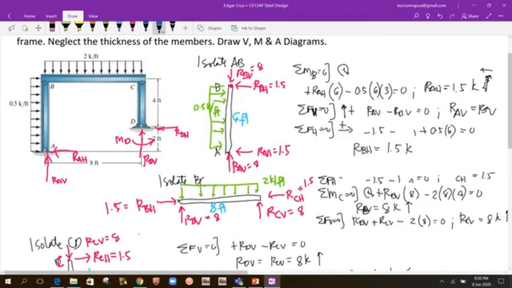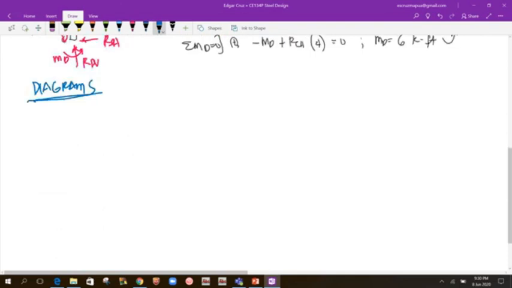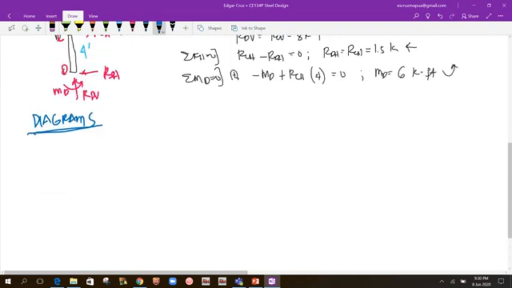Member AB is 6 feet. I'll lay it down first. Okay, this is member AB. This is A, this is B.